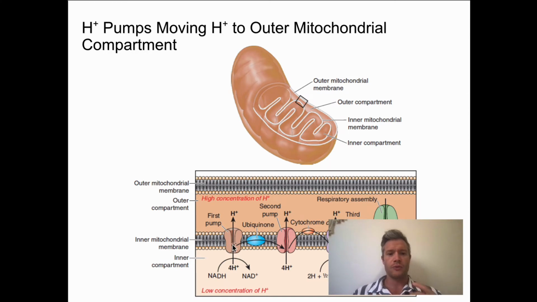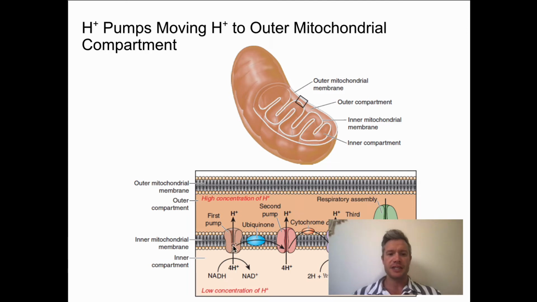So what's important to notice is that these structures that rest within this inner membrane, from the outer shell, so this outside shell, and the inner membrane, the inside squiggle, the intestine-looking part, those are the electron transport chain proteins.